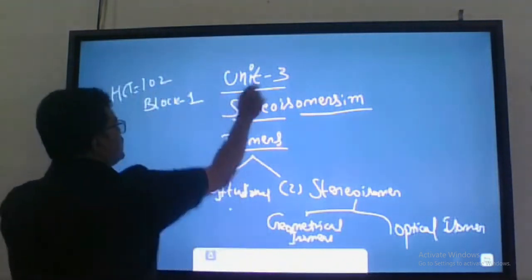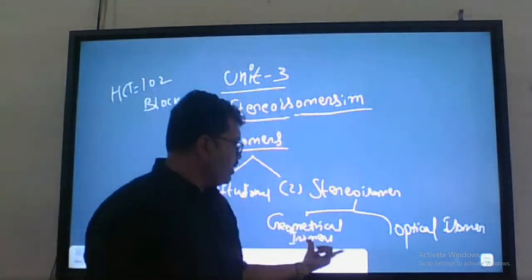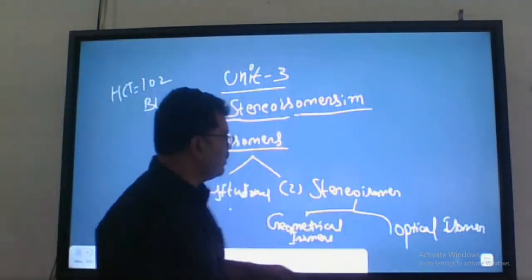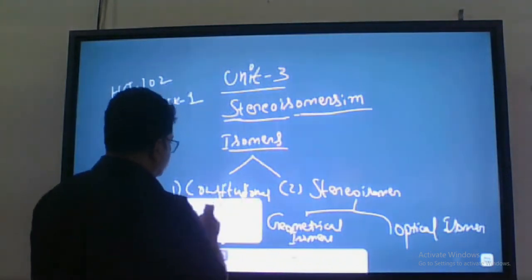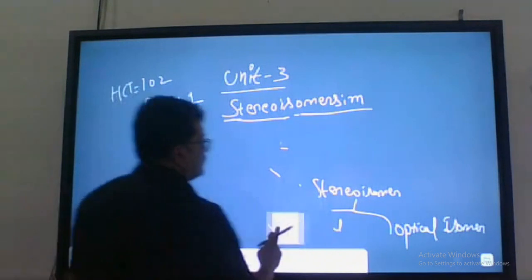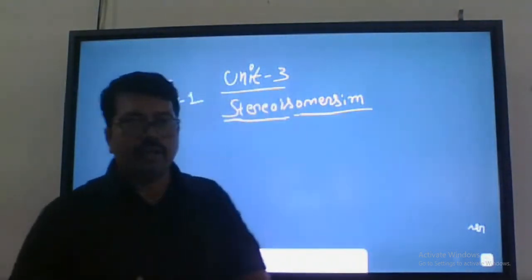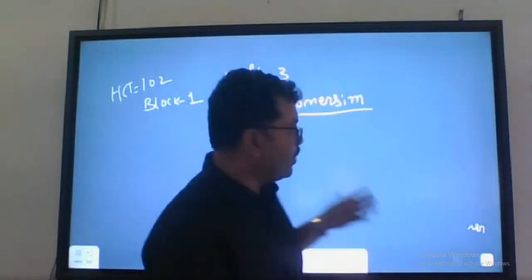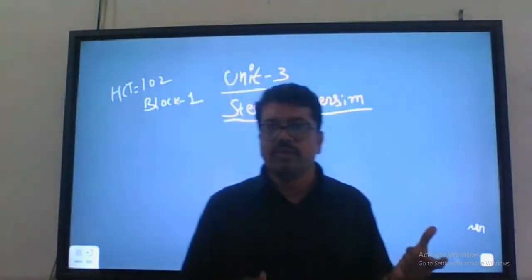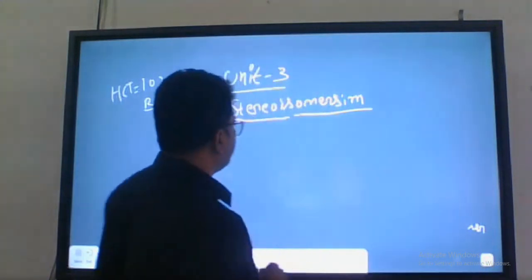In unit 3, we are going to study stereoisomers. As we studied in the first and the second unit, isomers are molecules that have the same molecular formula but have different arrangement of atoms.